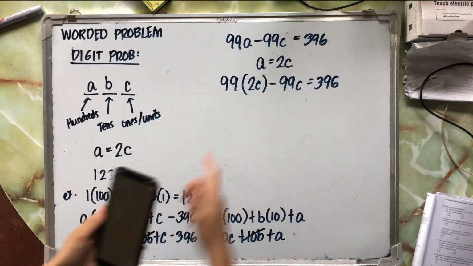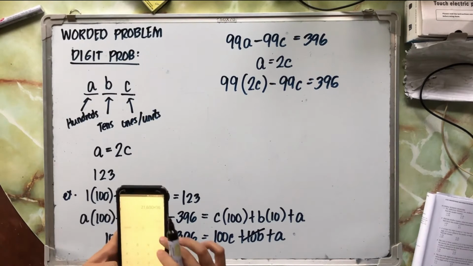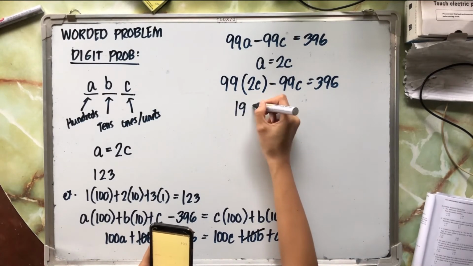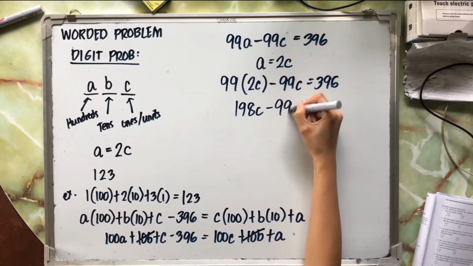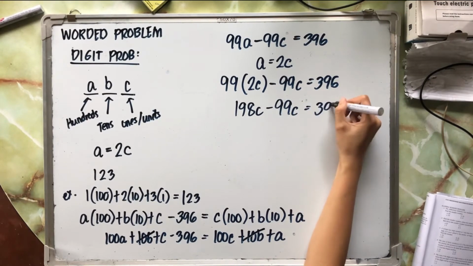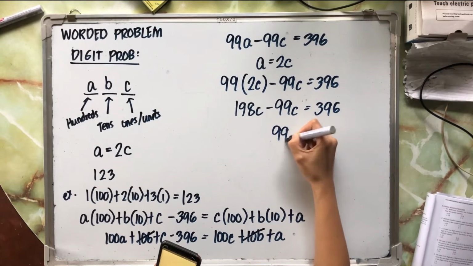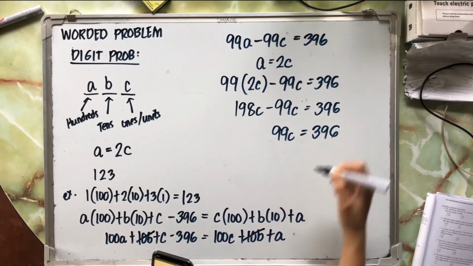Now, we need to multiply this one para makompute natin kung ano yung magiging value ng ating C. Sige na, multiply natin si 99 times 2. That would give us 198C minus 99C equals 396. Okay. 198 minus 99 is equal to 99C equals 396.